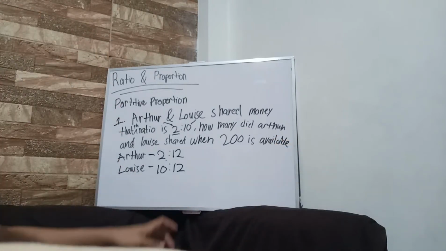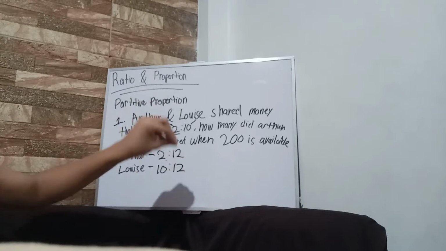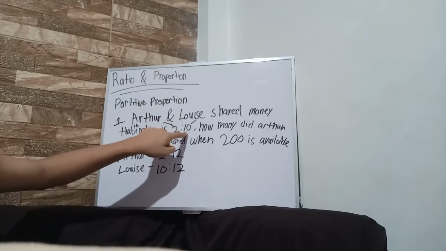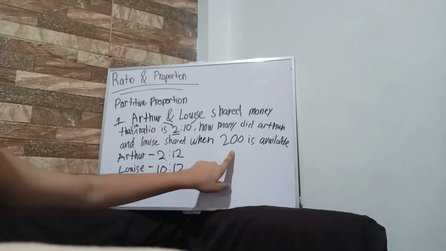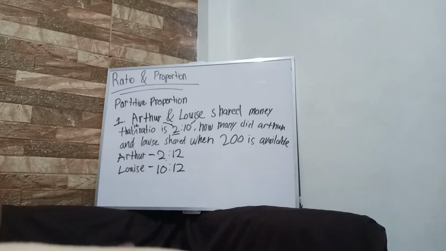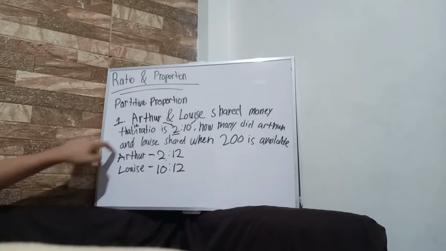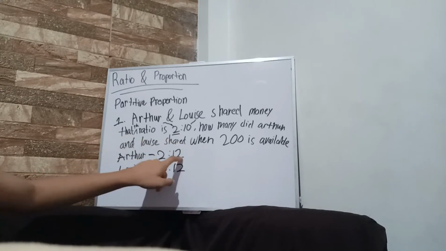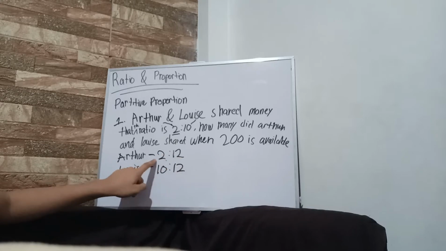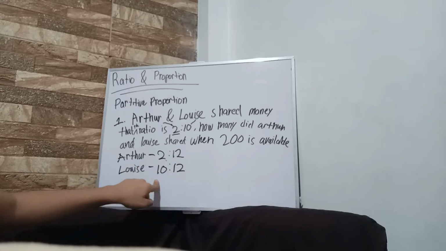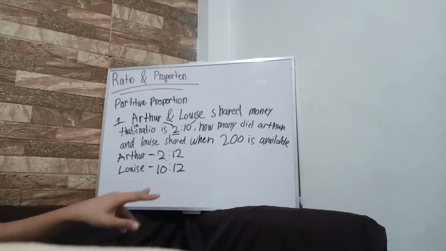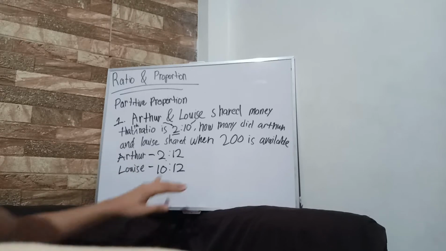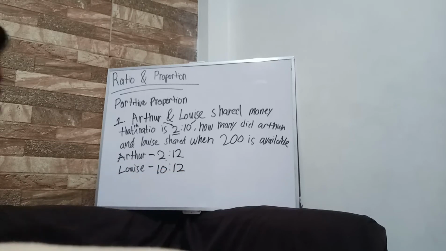Sorry for that. So when you see a ratio and a whole number, it means it is a partitive proportion. This one is one of the formulas: the total amount, then what Arthur and Luis gave. So that proportion should lead to our answer, but it's not yet done.